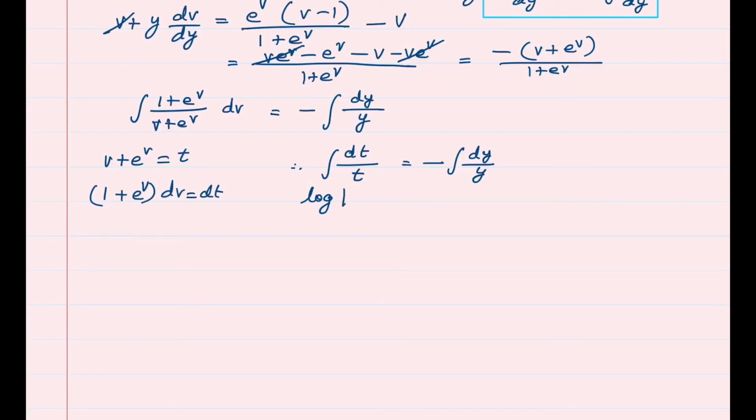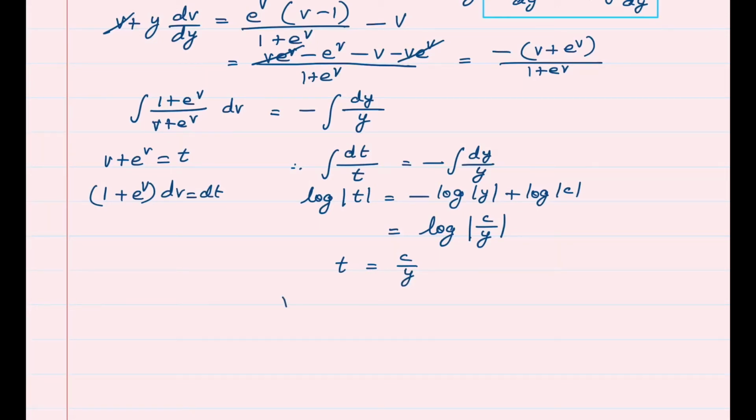Integral is log of absolute value of t minus log of absolute value of y plus log of absolute value of c. This can be written as log of absolute value of c divided by y. Cancelling log functions, t is c by y, and substituting for t, t is v plus e power v times y is c and v is x by y.